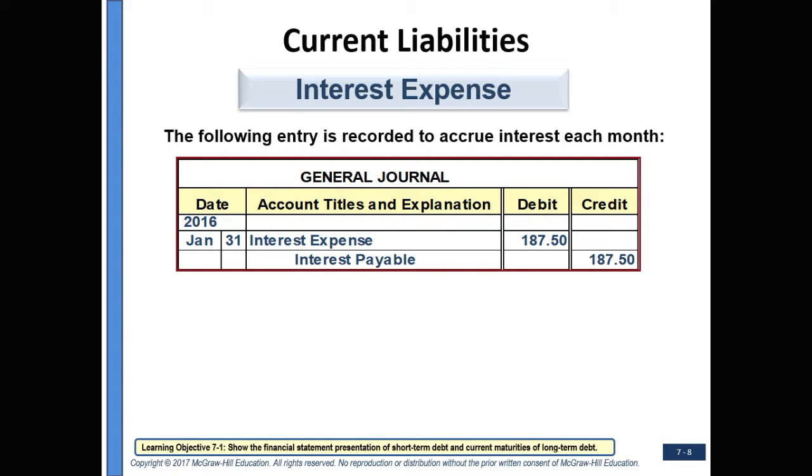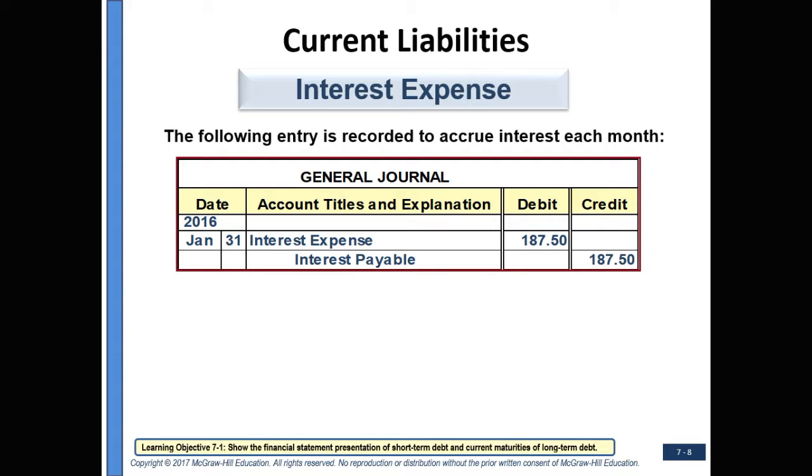That $187.50 of interest is attributable to the month of January because that recognizes the cost of the monies that were borrowed to help generate January revenues. As long as those monies remain outstanding and have not been repaid, they are contributing to the operating revenues of each month.